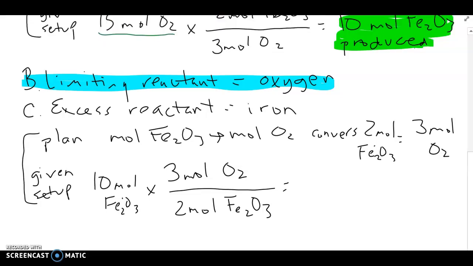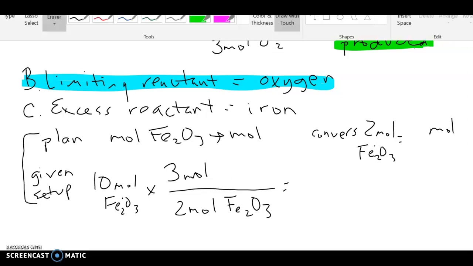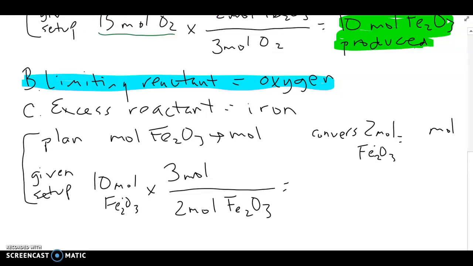My excess reactant is iron, and I went ahead and started doing oxygen. So let's go back here and erase. Sorry about that. Iron. Moles of iron oxide yields moles of iron. 2 moles of iron oxide is 4 moles of iron.